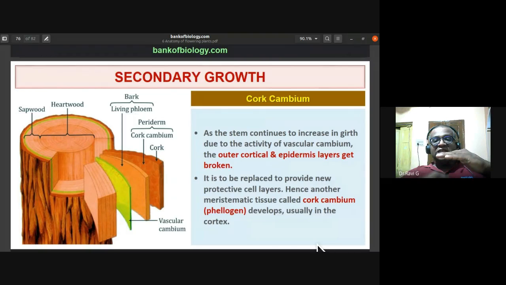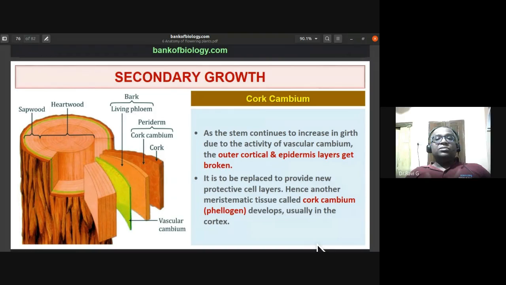Towards the inner side, it cuts off phelloderm or secondary cortex. Towards the outside, it cuts off phellem or cork. All these three layers, phellem, phellogen, phelloderm, together we call periderm.